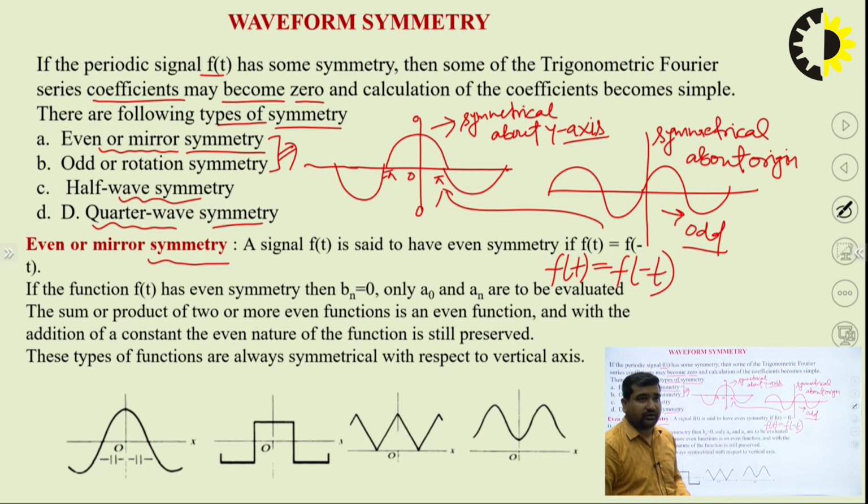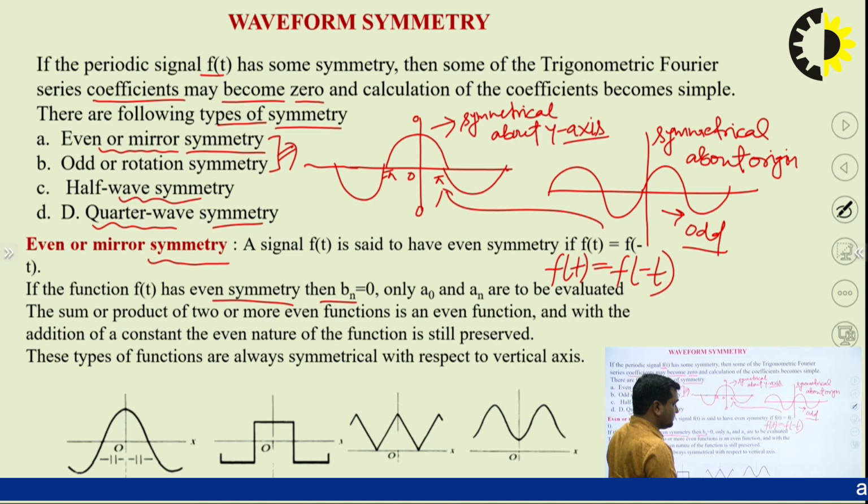If we replace t by minus t, we will get the same value, that is f(t) equals f(-t). We change the sign of t, that is time, but we get the same value. The value of the function would be the same; it doesn't depend on the direction of time, whether positive or negative. That is called even symmetry.